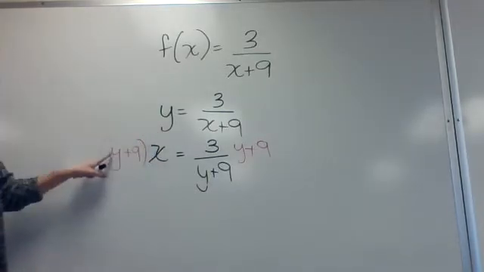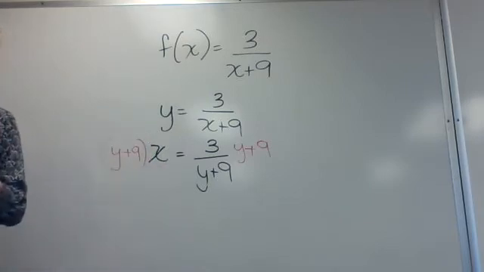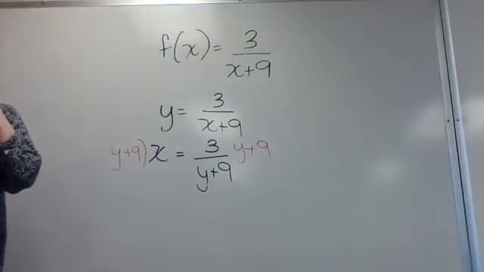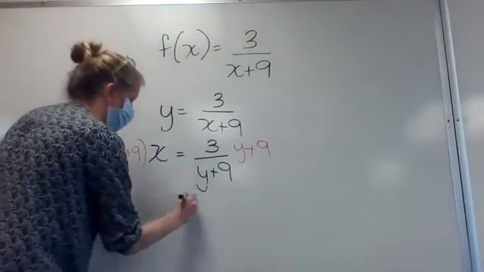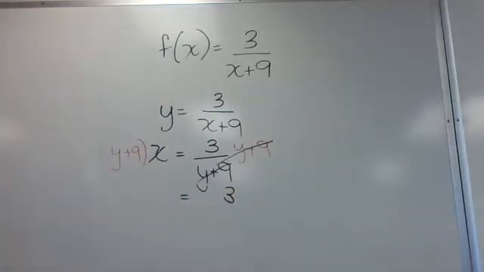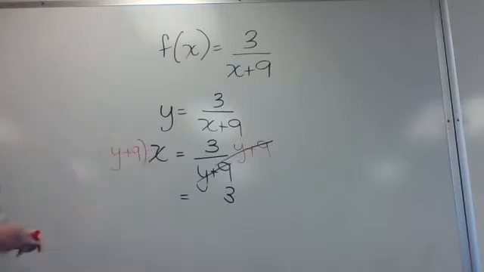But look, if I multiply y plus 9 times x, I'm just distributing here. The y is not going to be in the denominator anymore. So let's see, the y plus 9s cancel here, so I've just got that 3. On the left, I do have to distribute, multiplying y and plus 9 times x.